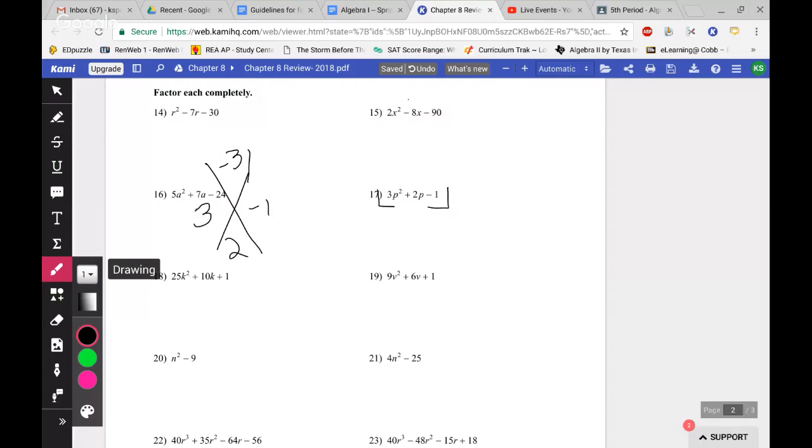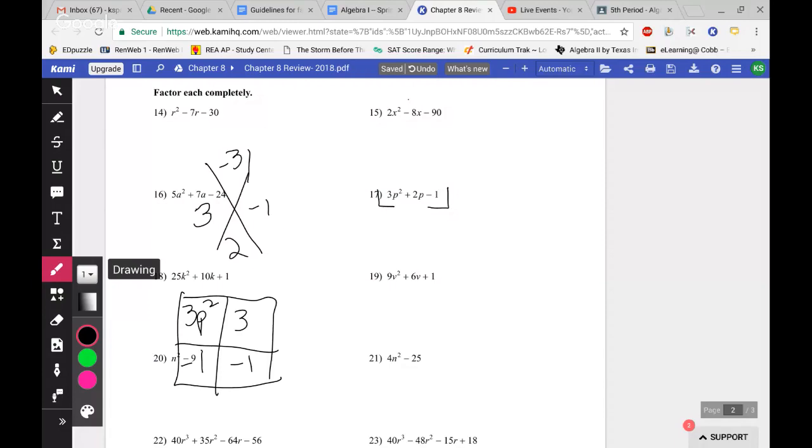Good job. So then in my box, I write my first term and I write my final term. And then I write my factors.